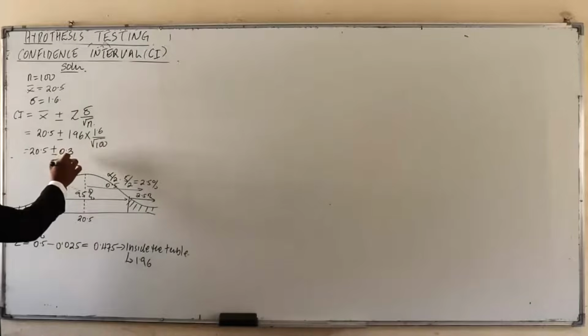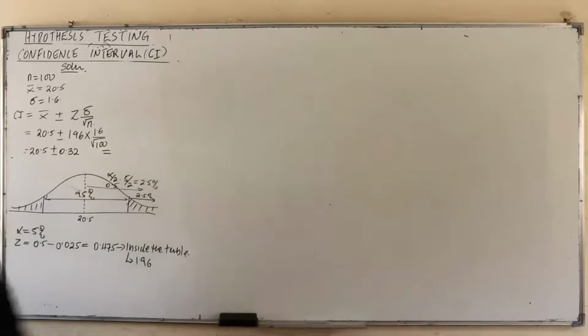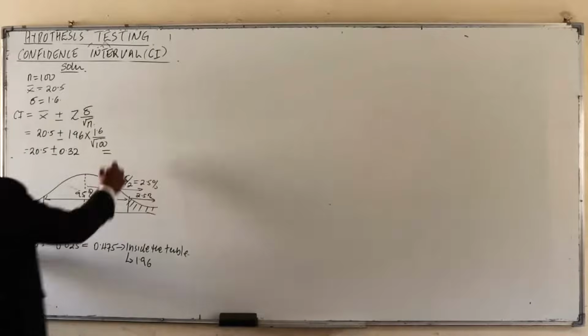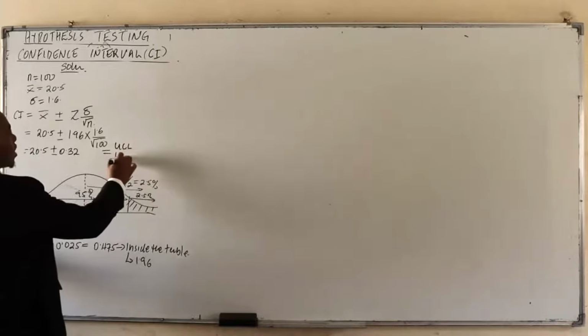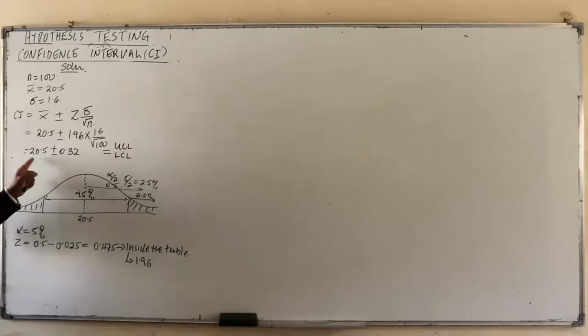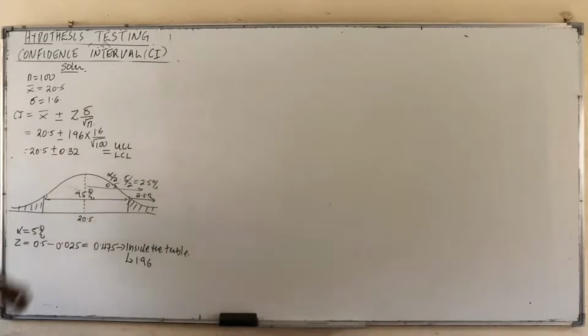Into 2 decimal places, 0.31. So that means it can increase or reduce by 0.32. So now give me the upper control limit and the lower control limit. Upper control limit, you take 20.5, you add 0.32. Lower control limit, you take 20.5 minus this. So what do you get?